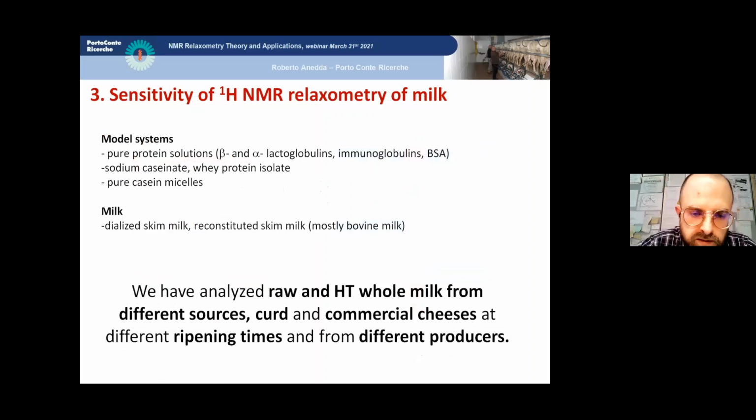Moreover, they studied model systems, pure protein solutions, sodium caseinate, whey protein isolate, but in order to expand knowledge on these effects of heat treatments, we have analyzed the raw and heat-treated whole milk, curd, and commercial cheeses at different ripening times and from different producers.